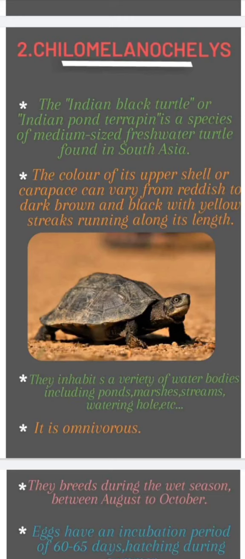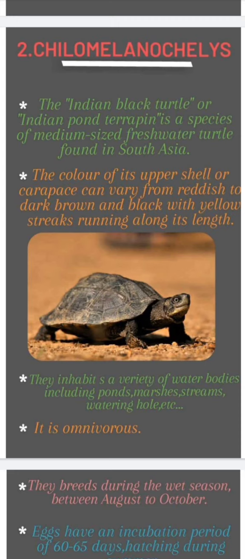Example number 2, Melanochelys trijuga. The Indian black turtle or Indian pond terrapin is a species of medium-sized freshwater turtle found in South Asia. The color of its upper shell or carapace can vary from reddish to dark brown and black with yellow streaks running along its length.